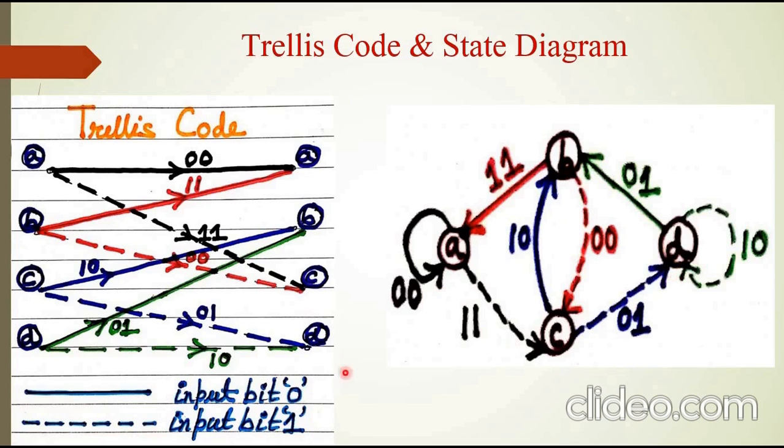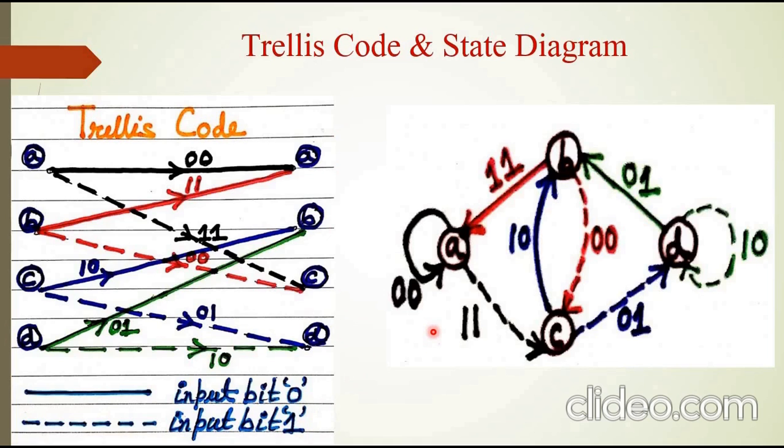Here a solid line means input bit 0 and a dash line means input bit 1. So let us have the state diagram. I will be making the state diagram now by all possibilities.